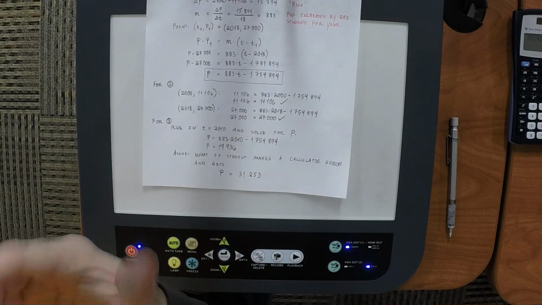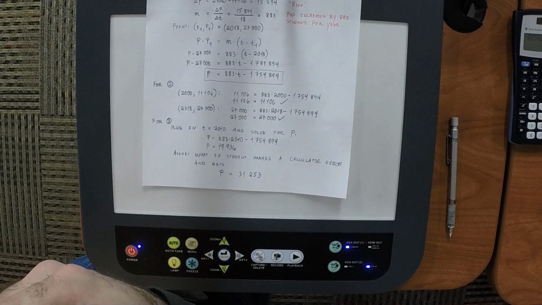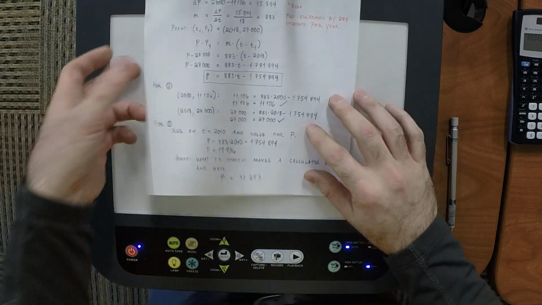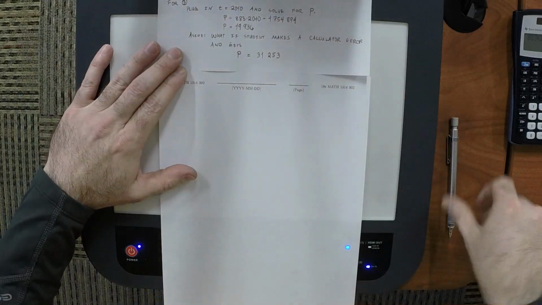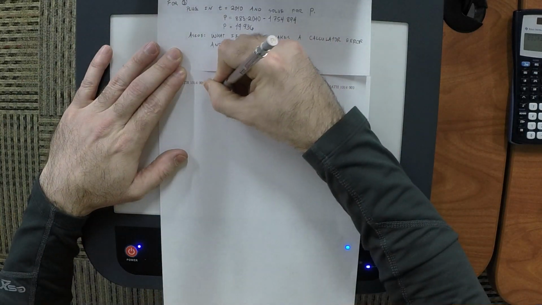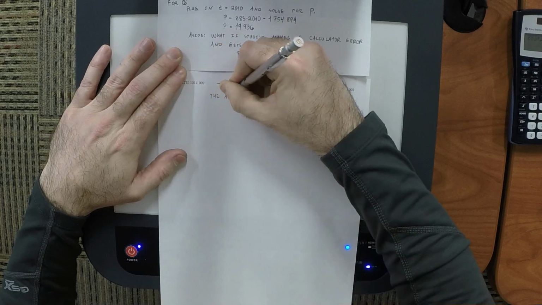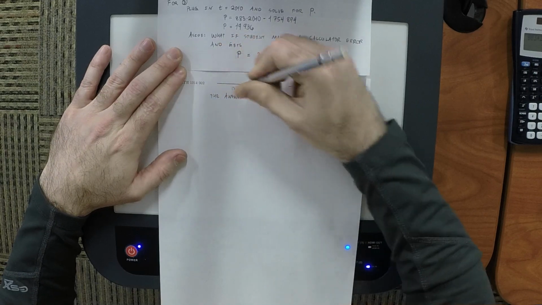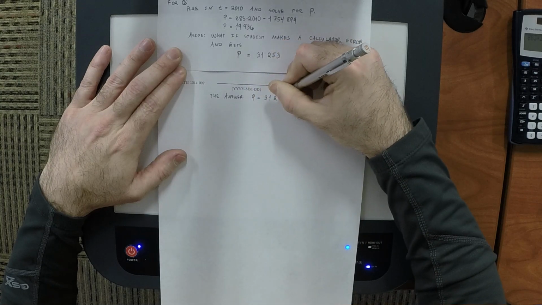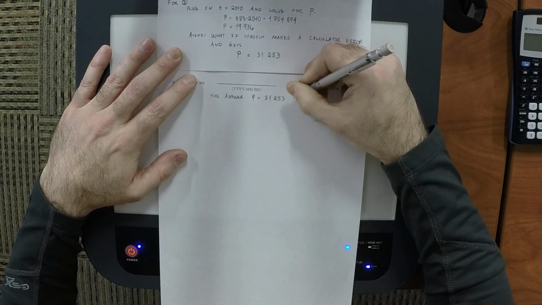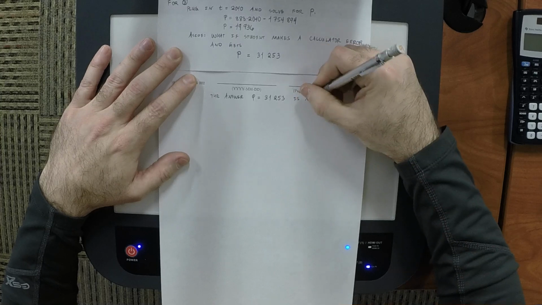It doesn't even make sense, this number. So let's see why. The answer, P equal 31,253, is nonsense.